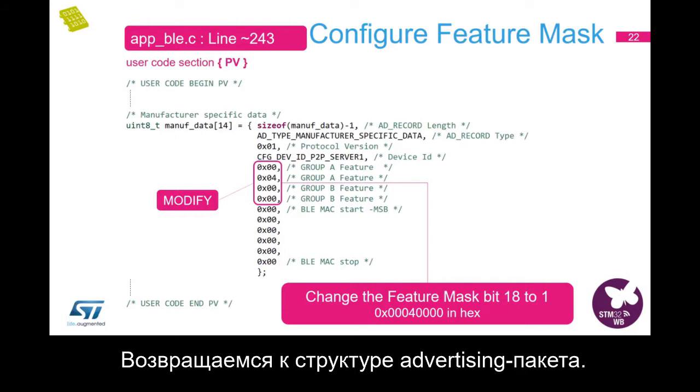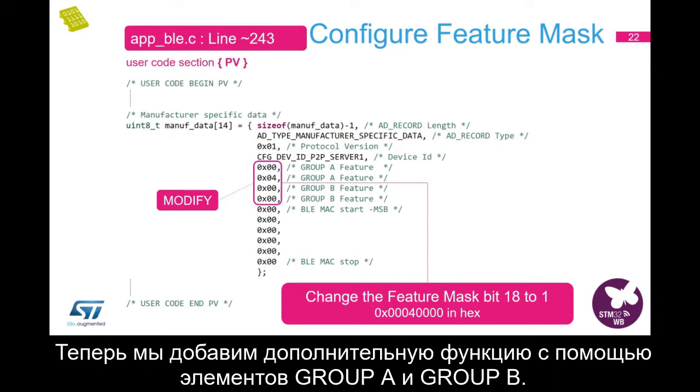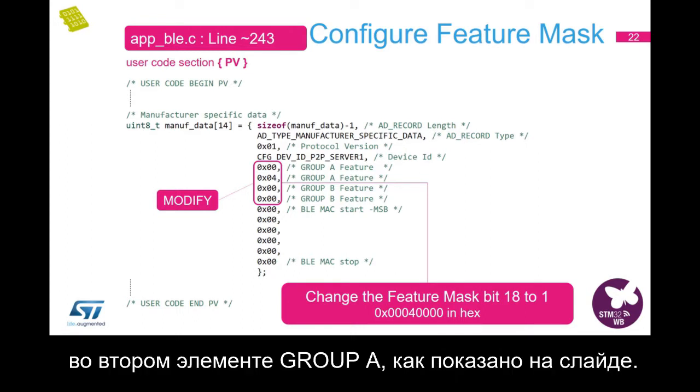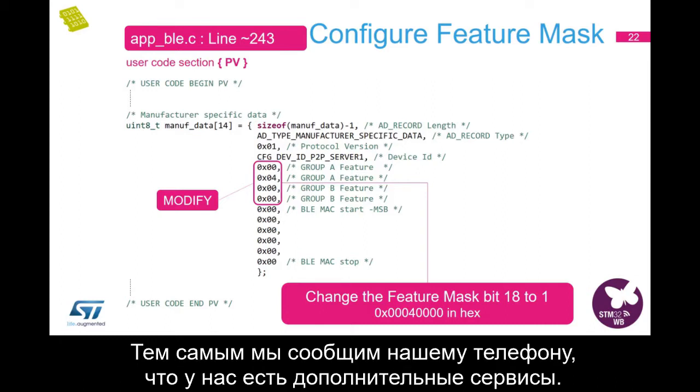So now we go back to our advertising structure that we saw earlier, where we looked at the protocol version, our configuration development ID for our P2P server, and we're now going to add some of these extra features which make up Group A and Group B. So our bit 18 means that we need to put a 4 into the second part of our Group A feature set, so that we can make our advertising packet tell our phone that we have these extra services available.